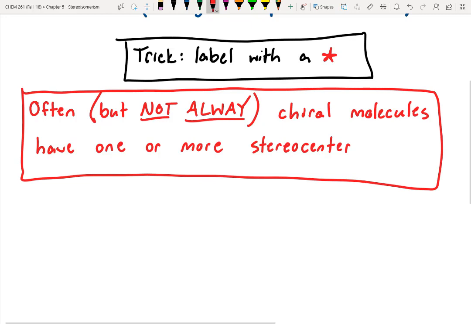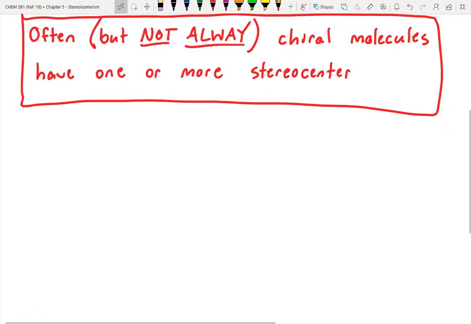There are exceptions to this, and we're going to cover those exceptions as we go through this chapter. So I'll show you some examples of chiral compounds, and we'll try to identify their stereocenters.